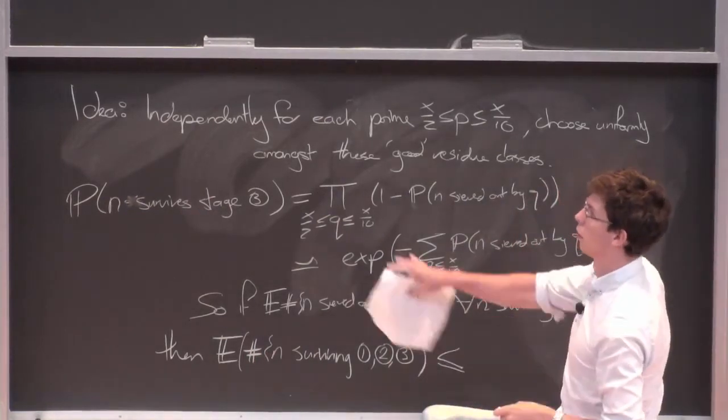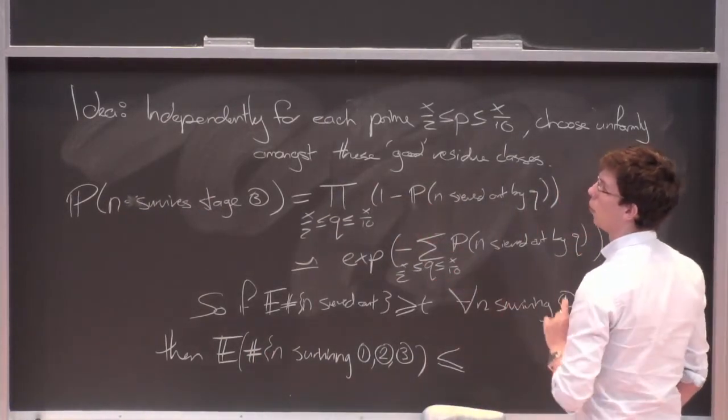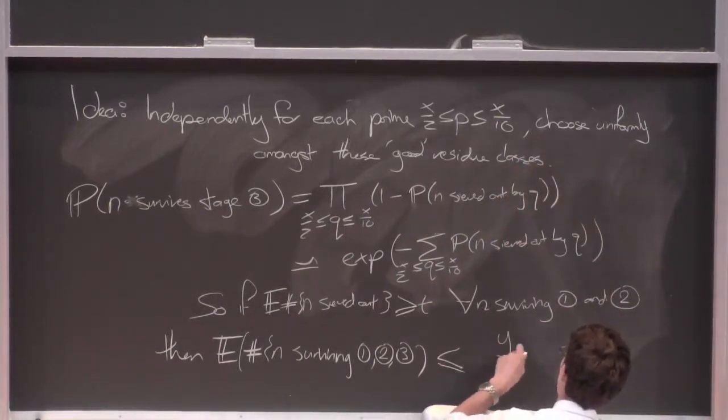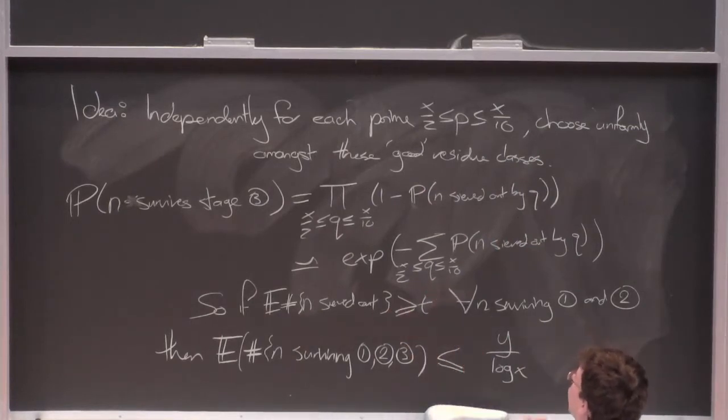So the number of things that survive 1 and 2 is about y over log x. And then the proportion that survive stage 3 would be an extra factor e to the minus t.